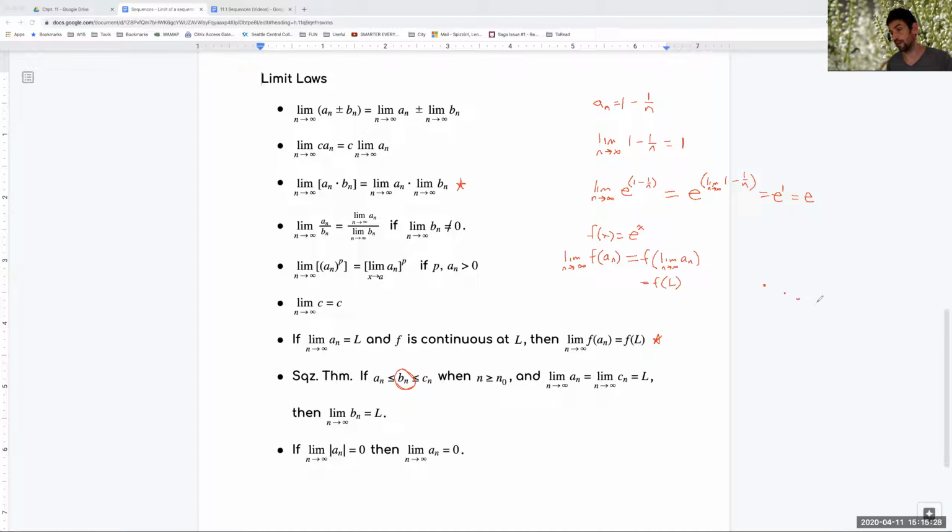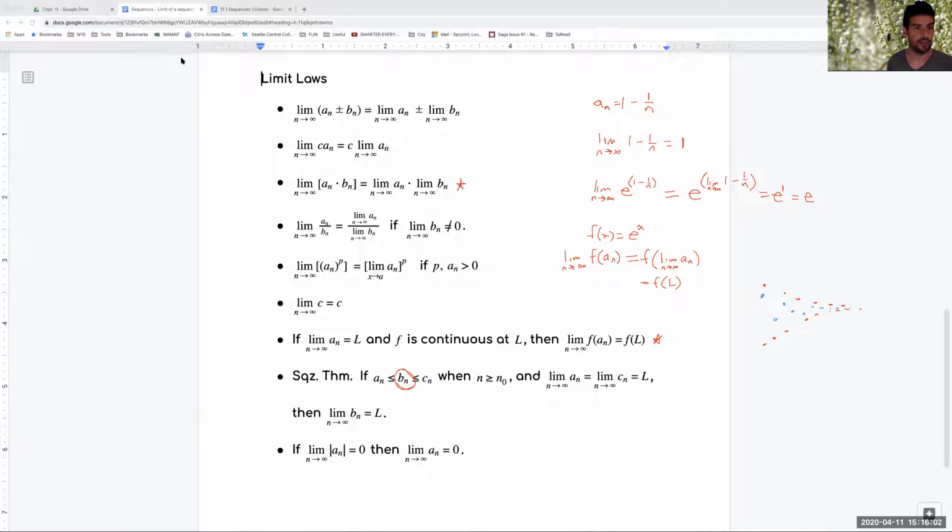If this is my a sub n and c sub n, two sequences, if I'm graphing them out like this, they're getting closer and closer. If b sub n is pinned in between these two, whatever their limit is, it's going to have to be the same because it's getting closer and closer to the same thing because it's trapped in between them, okay?